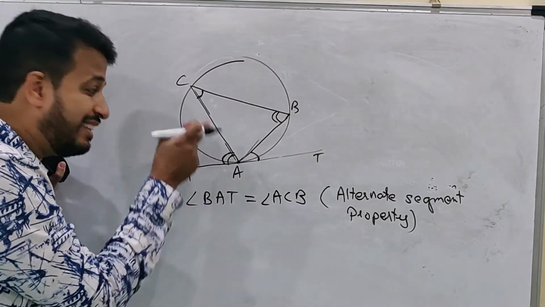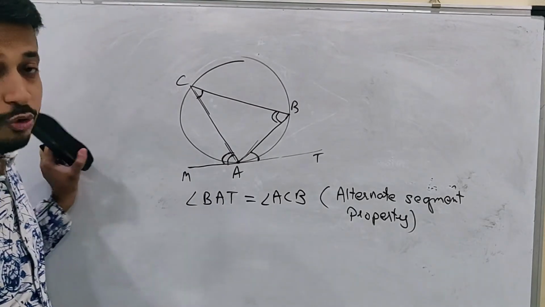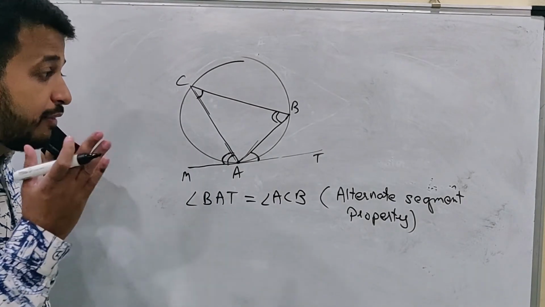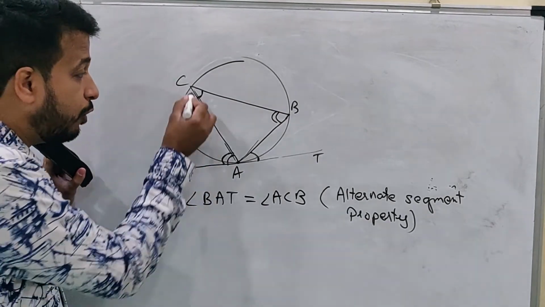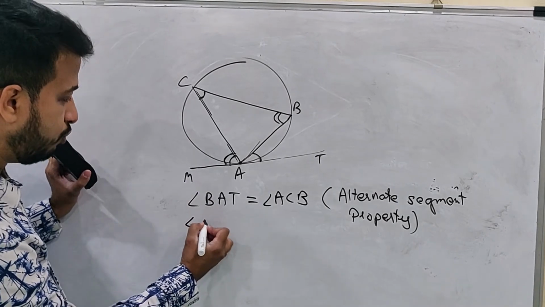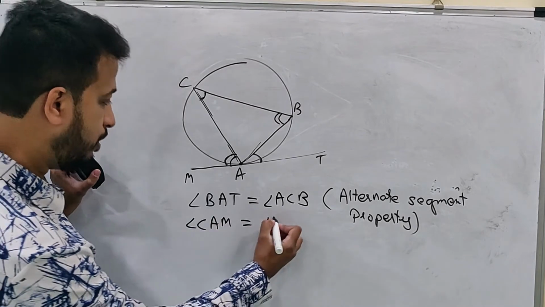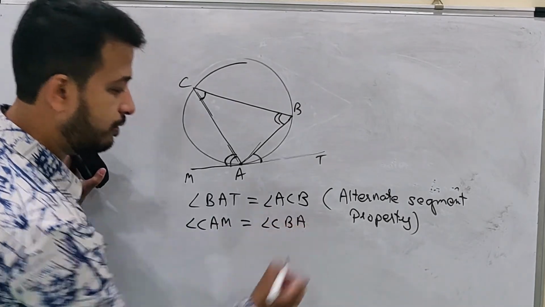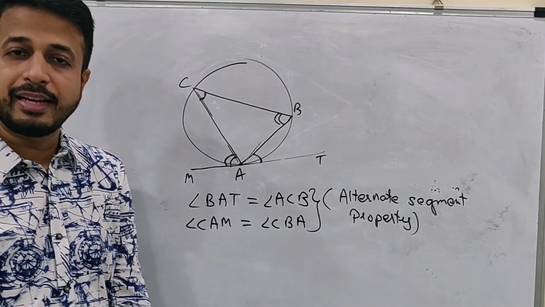So this angle is equal to this angle now. Students, you have to be very clear how I'm using the property. This is the angle formed between the chord and the tangent, so angle CAM is equal to angle CBA. For this I use the same property, my alternate segment property.